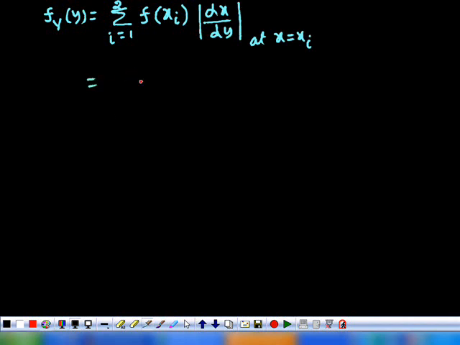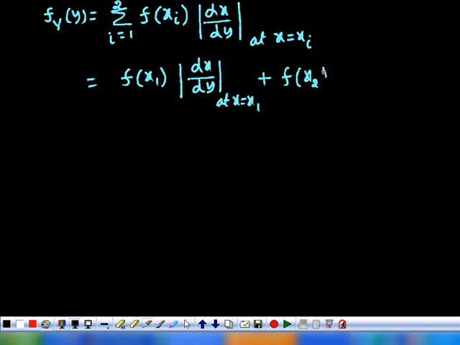Therefore, what you will get? fX(x1) times the modulus of dx/dy at x = x1, plus fX(x2) times |dx/dy| at x = x2. See, dx/dy is the same, but the root is different.